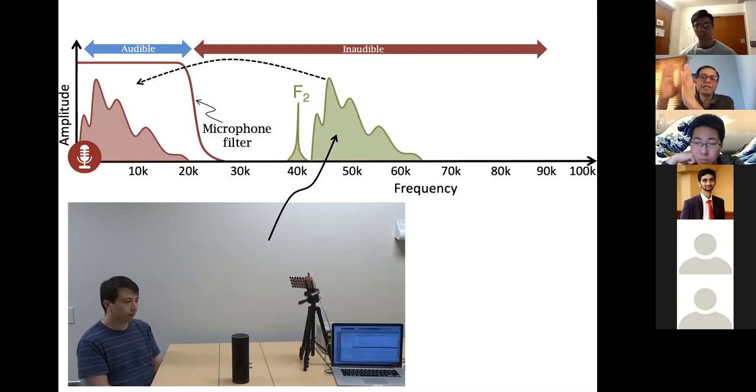So every frequency in the Green Mountain, its difference with F2, is going to exactly shift the whole signal. Makes sense. Okay, thank you.